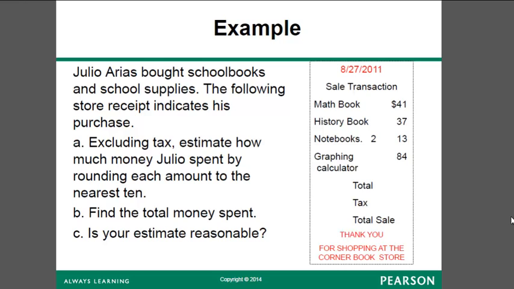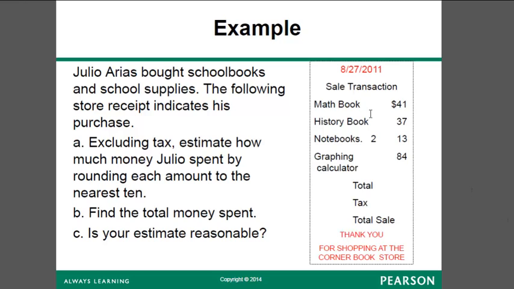Julio Ares bought school books and school supplies. The following store receipt indicates his purchase. Excluding tax, estimate how much money Julio spent by rounding each amount to the nearest 10.